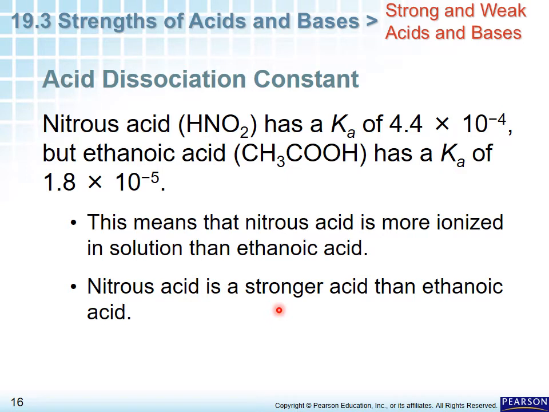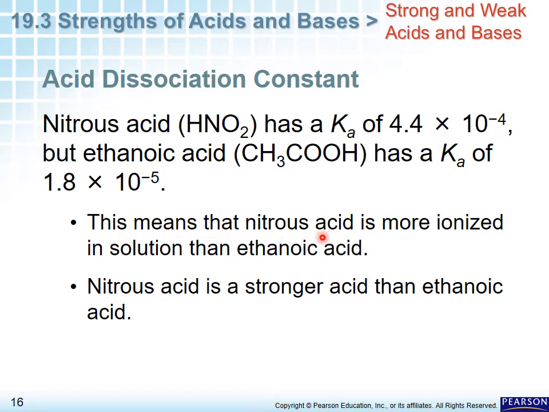Let's calculate it. Take nitrous acid, which is HNO2, has a Ka, acid dissociation constant, of 4.4 times 10 to the power negative 4, but the ethanoic acid, which is CH3COOH, has a Ka of 1.8 times 10 to the power negative 5. So compare both and tell me which one is a strong acid and which one is a weak acid. So let's check.